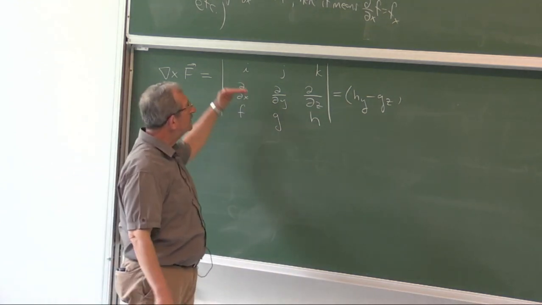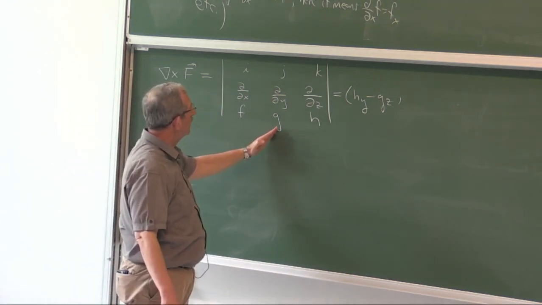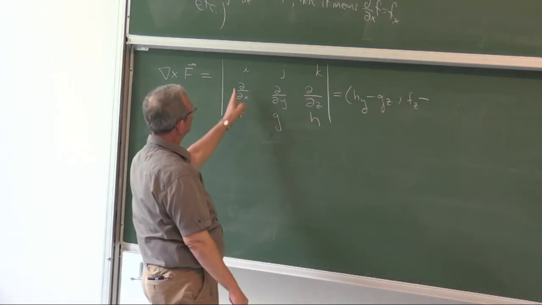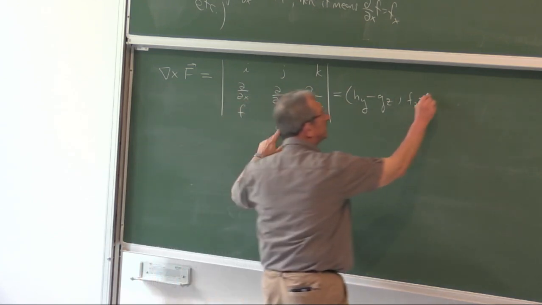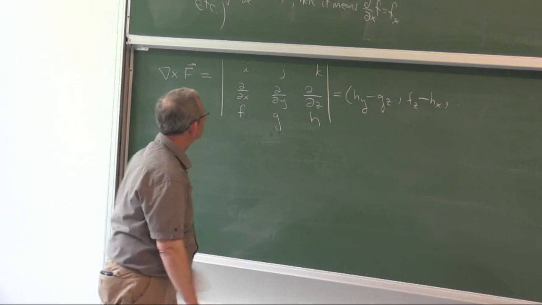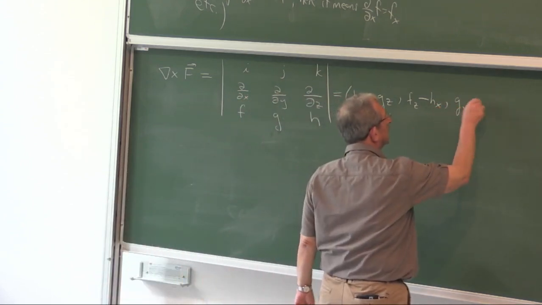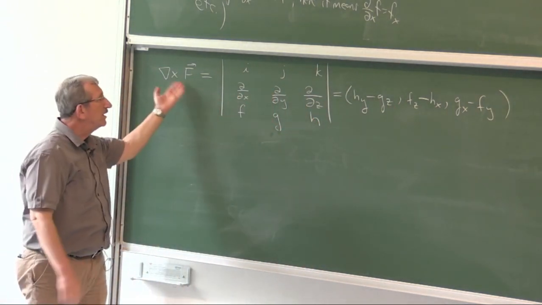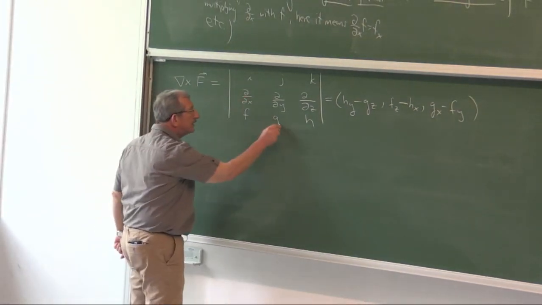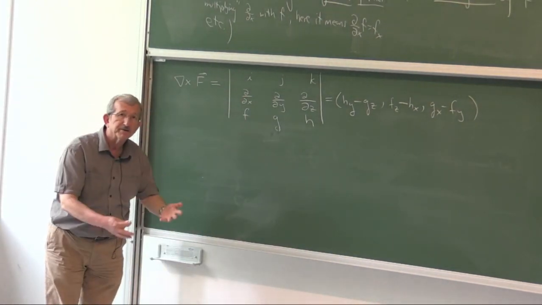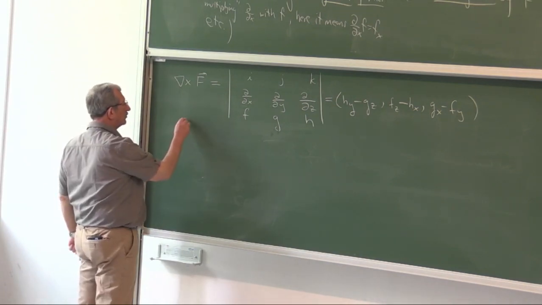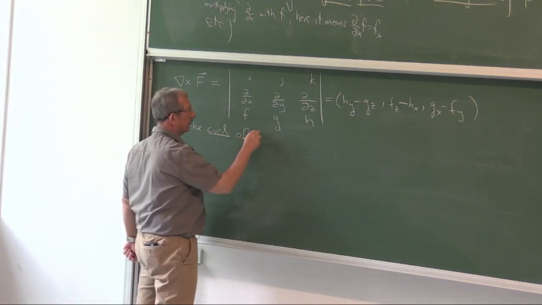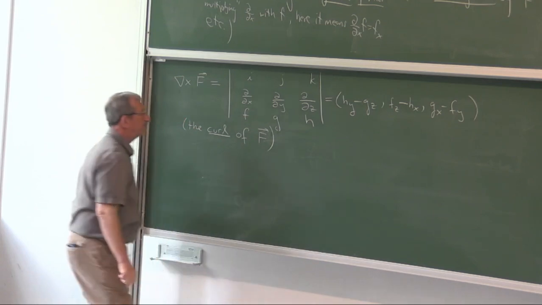The j component would be f sub z minus h sub x. And the k component, g sub x minus f sub y. That's the standard determinant operation, namely the cross product. But the multiplication always means you take that derivative. This is called the curl of F.